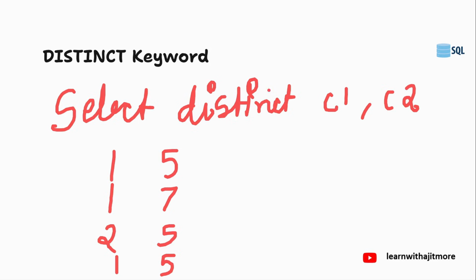Means distinct is applied to both collectively, meaning in C1 and C2 combined, the values should be distinct. If C1 is repeated, C2 should be different. If C2 is repeated, C1 should be different. But if both C1 and C2 appear again, it will keep it once in the output. In the output, you will get 1 5 once. The second time it won't show.